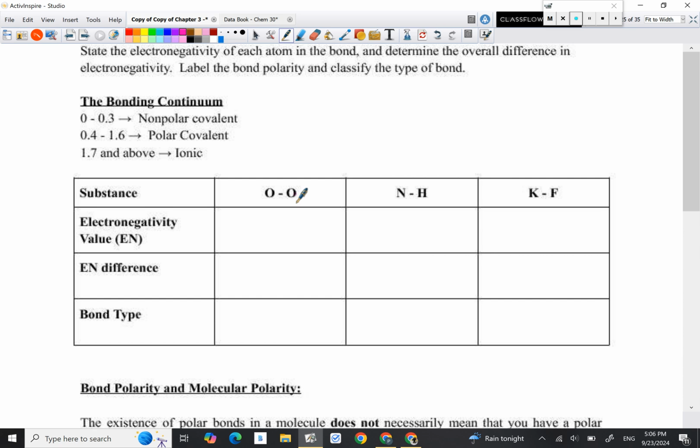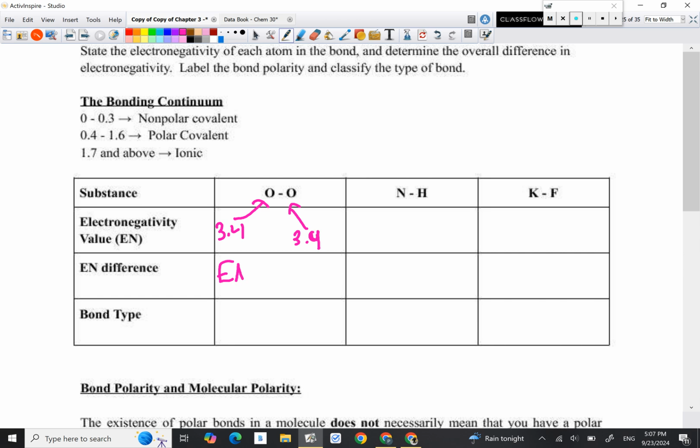Now, when we take the electronegativity difference, we have one oxygen right here at 3.4. This oxygen is also 3.4. So there's the electronegativity. When we take the difference, we always want to get a positive number, so always go the big number minus the small one.